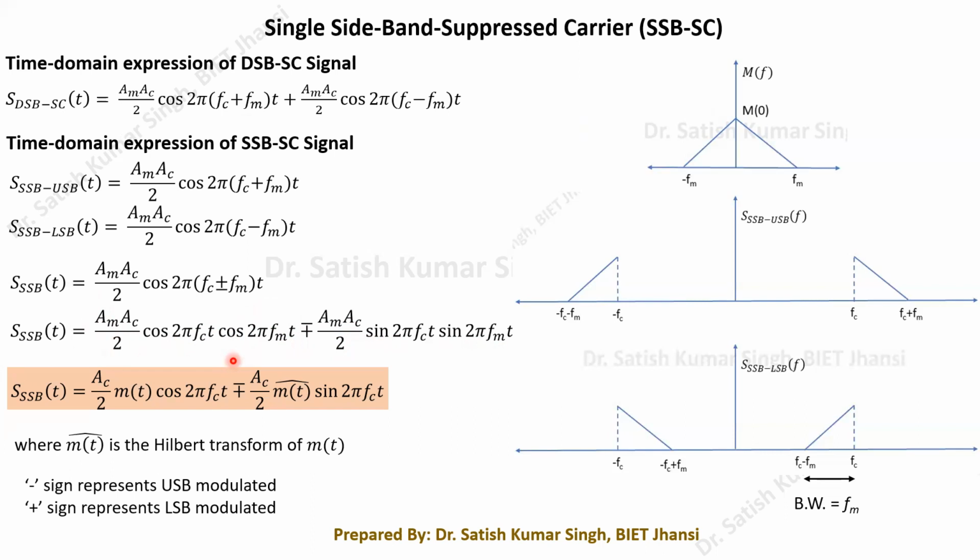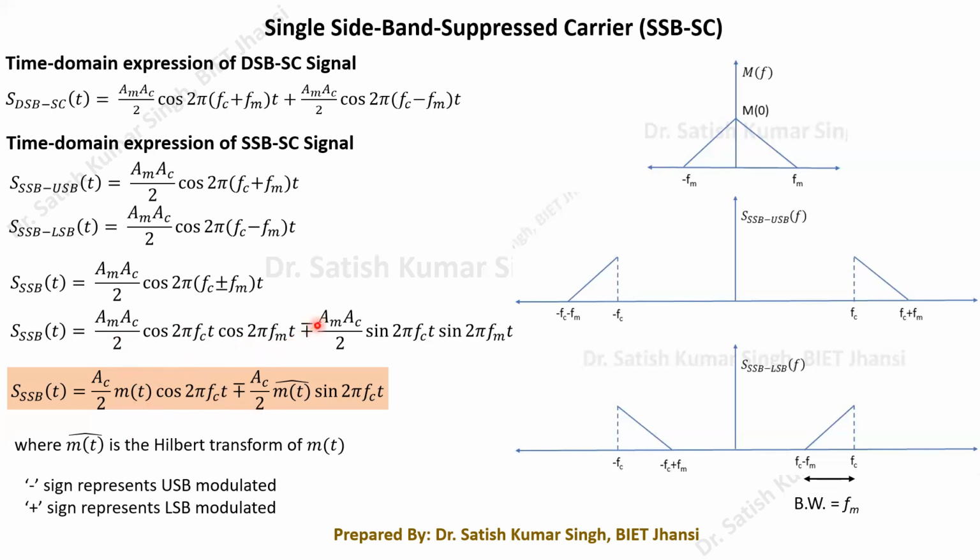We can write this as SSB equals AmAc by 2 multiplied with message signal m(t). I'm just writing Am cos 2 pi fmt equals m(t), and here it is cos 2 pi fct. Fine.